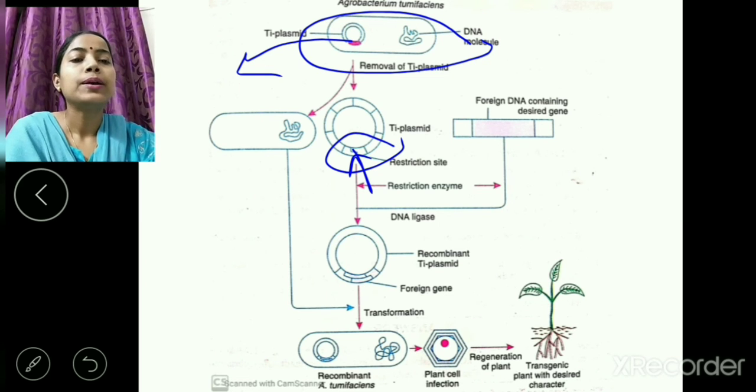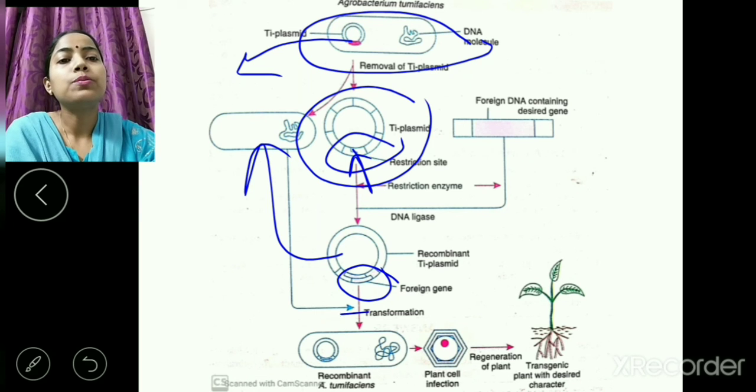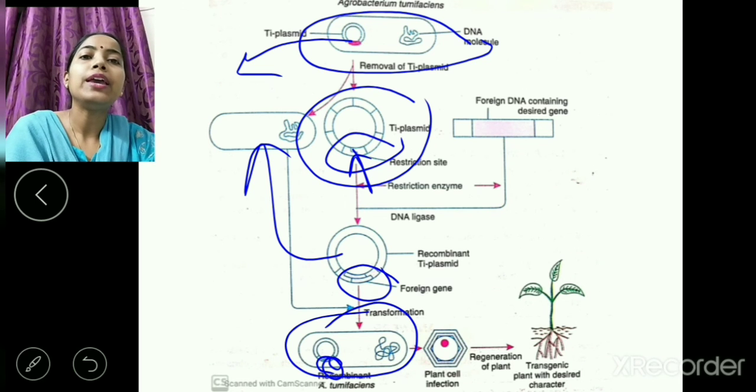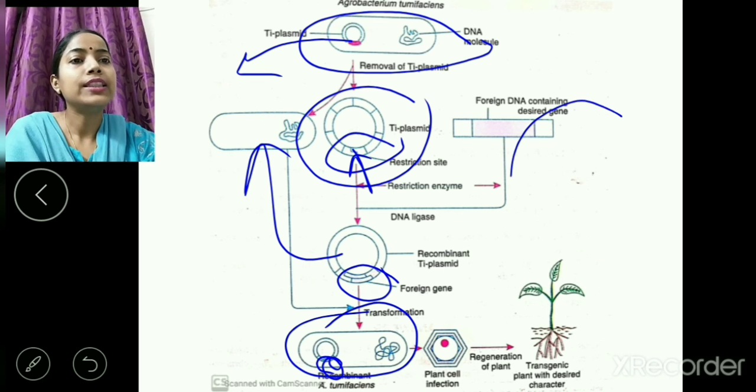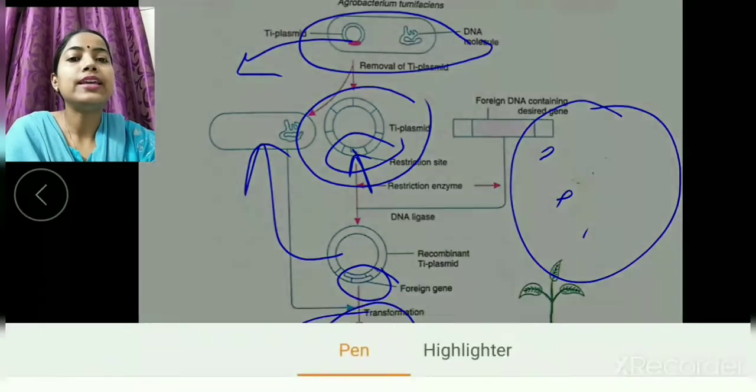So the modified Agrobacterium tumefaciens, which is now carrying the foreign gene, will be co-cultivated in the culture medium where we have already placed the plant cells.